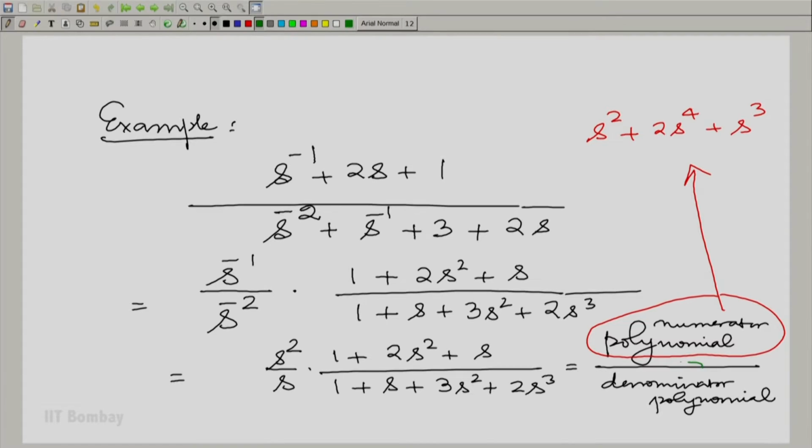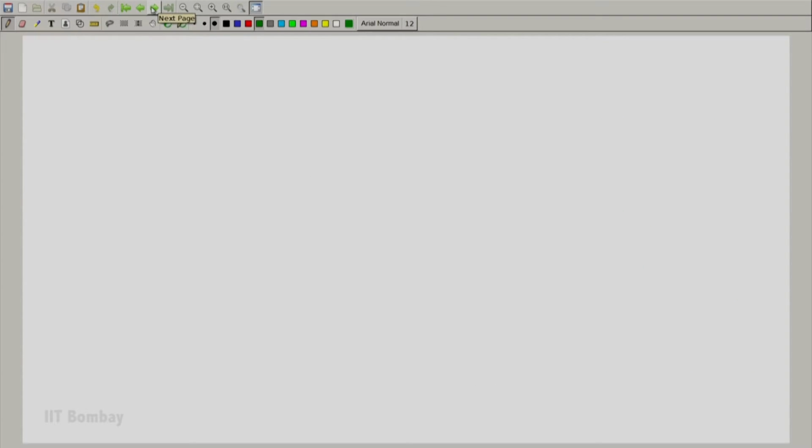And the denominator polynomial is going to be s plus s squared plus 3s cubed plus 2s to the power 4. Simple. Now, let us look at what happens when we put each of these equal to 0.